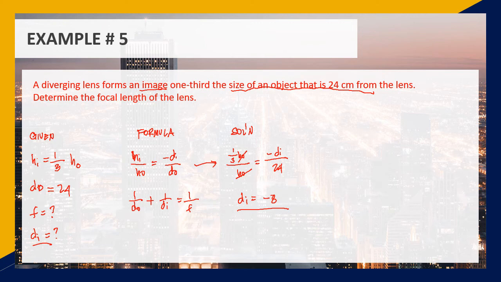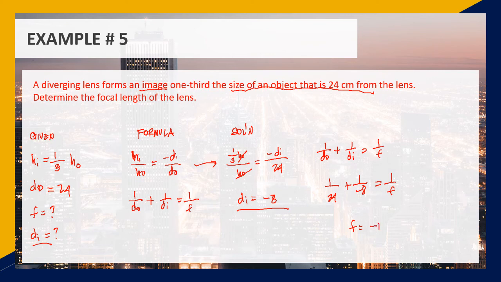Then afterwards we use the mirror formula: 1 over do plus 1 over di is equal to 1 over f. Then 1 over do, which is 24, plus 1 over di, which is negative 8, is equal to 1 over f. So when we solve it, we get the focal length, which is equal to negative 12.